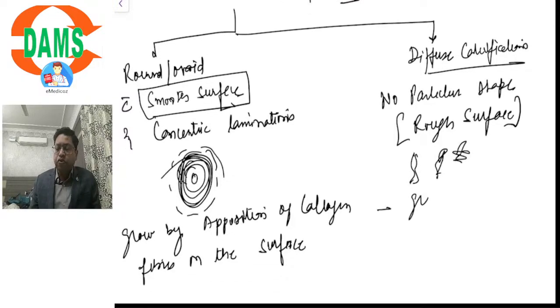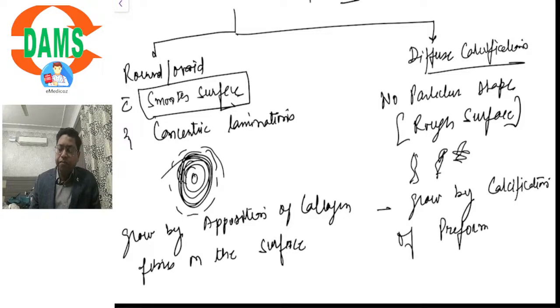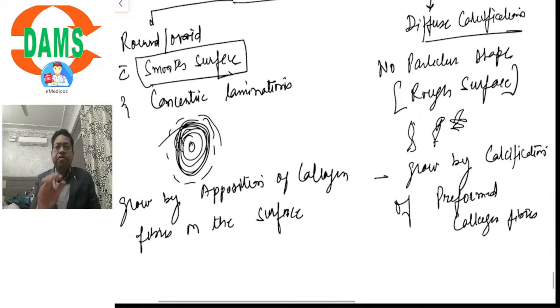They grow by calcification of preformed collagen fibers. Means the lump of collagen fibers into various shapes is already present, which undergoes calcification.